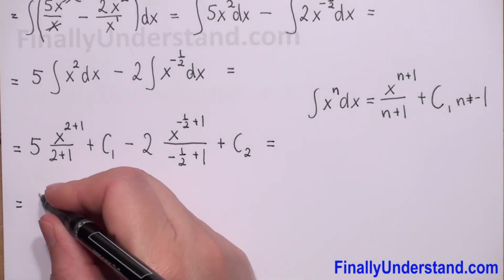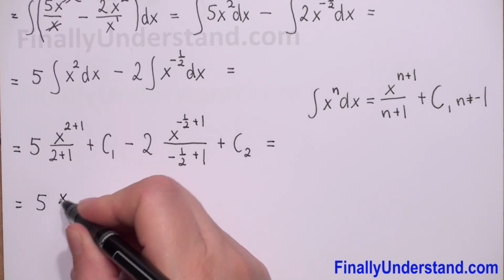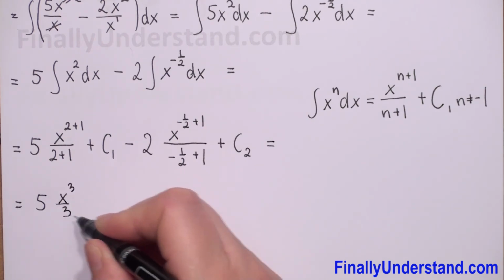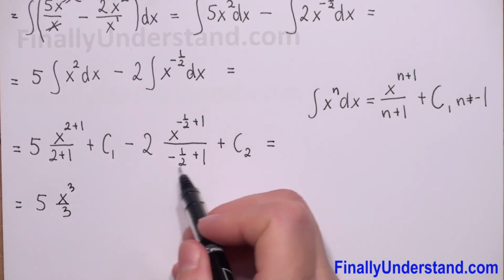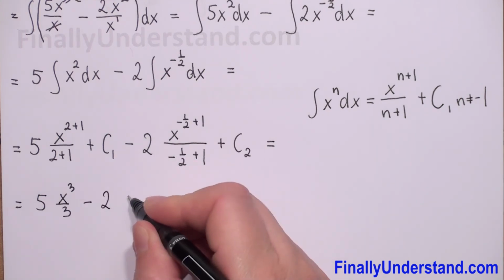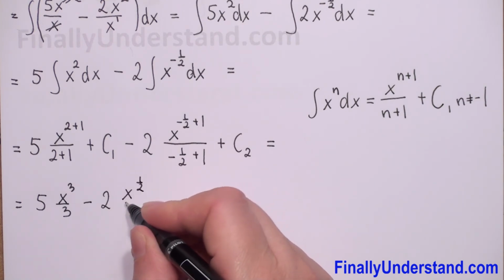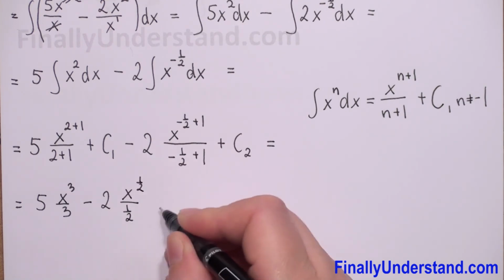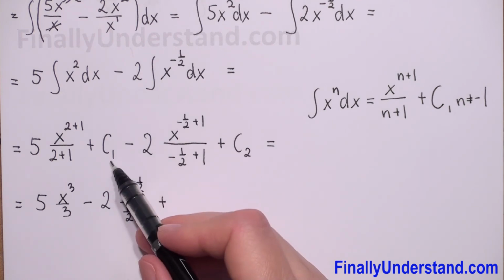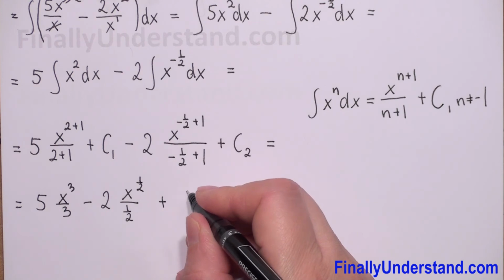We will have 5 times x cubed over 3. First I will put the expression with x, so it will be minus 2 times x to the power 1/2 over 1/2 plus, we have constants c1 and c2, so we add one constant c.